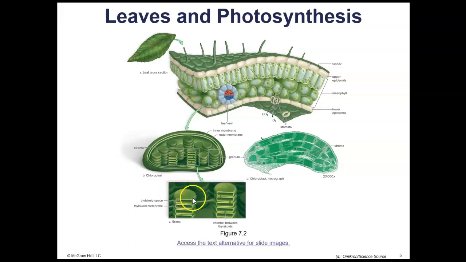So each one of the green discs is a thylakoid, and a stack of green discs is called a granum. Then there is fluid that surrounds the grana, and that is called the stroma. So when we learn about the two stages of photosynthesis, the light reactions occur in the thylakoids, and then the Calvin cycle reactions occur in the stroma.